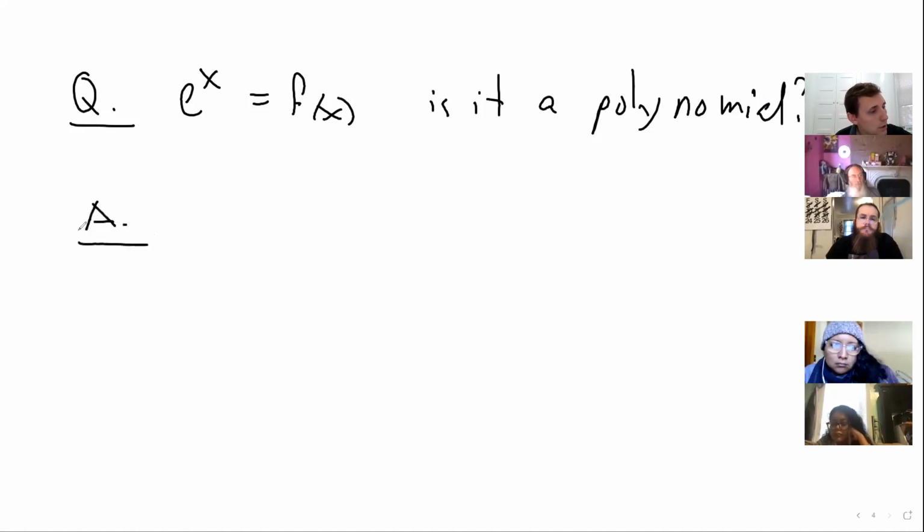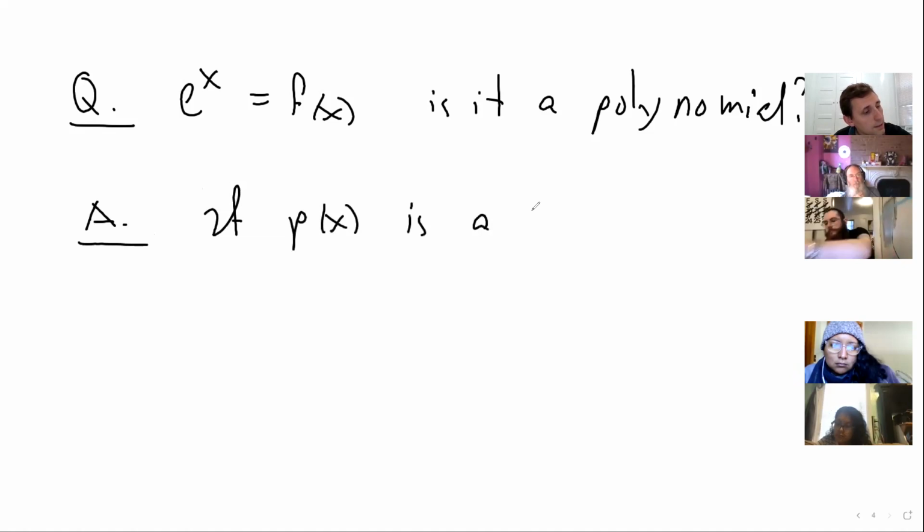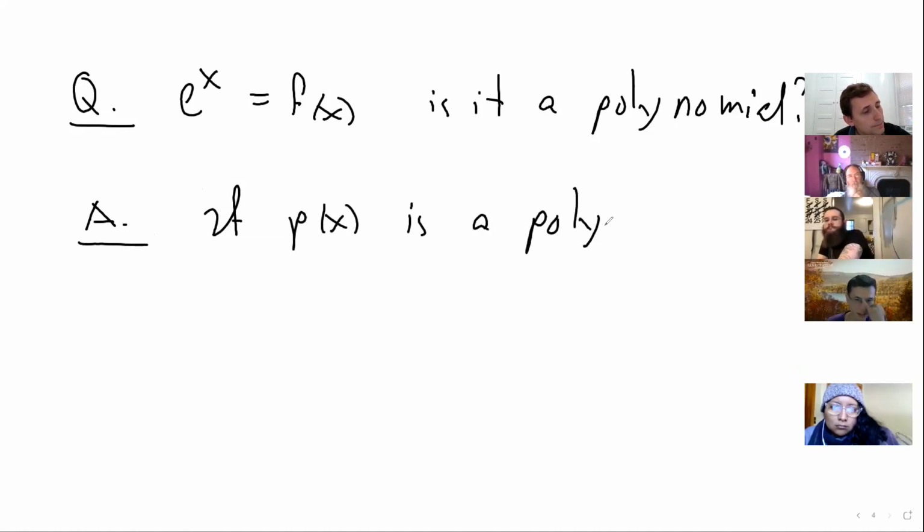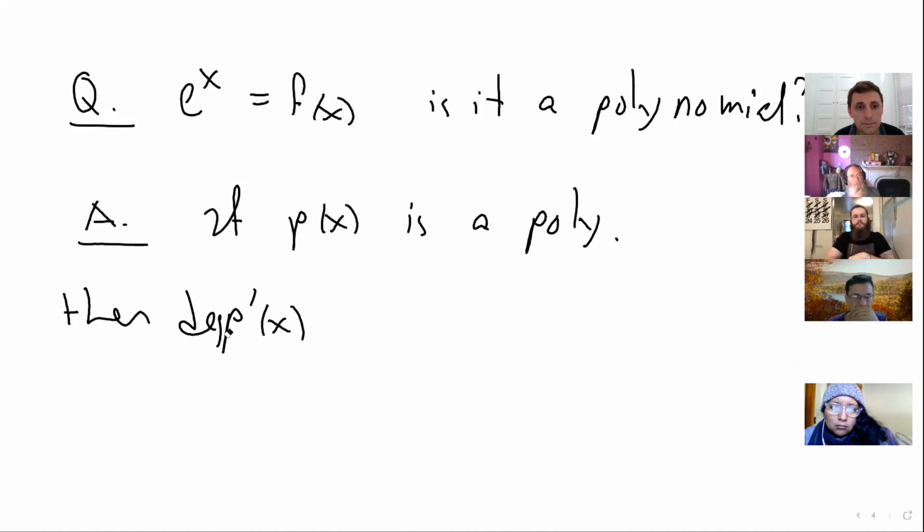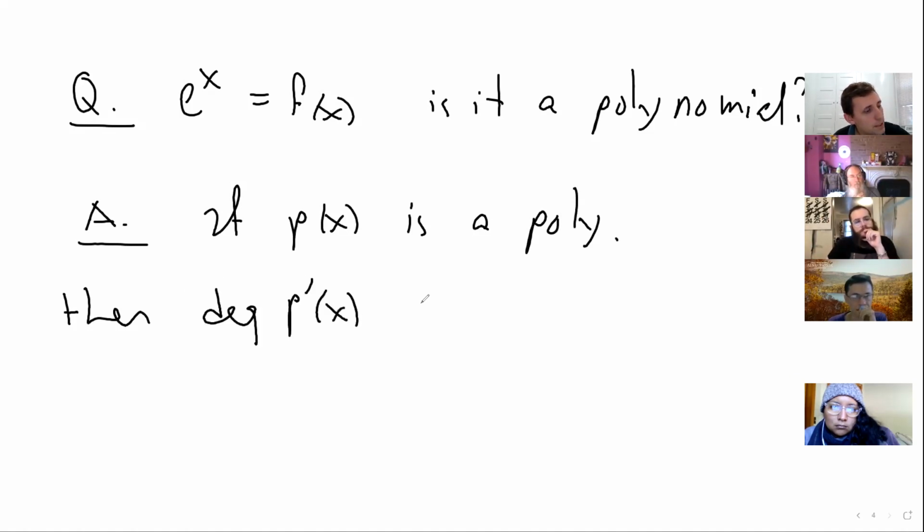If p of x is a polynomial, then the degree of p prime of x is equal to, what's the degree of the derivative of a polynomial in terms of the polynomial?